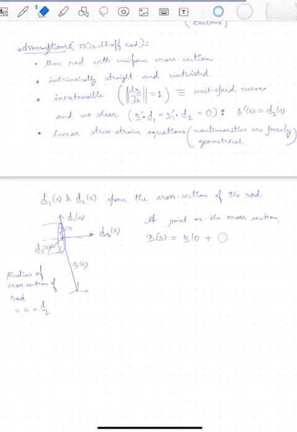We will also have a running variable in the cross section, which we can call a tilde.